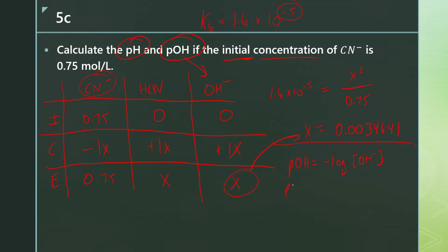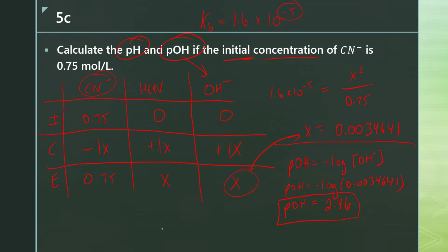So let's throw that in. pOH equals negative log of 0.0034641. This gives me a pOH to just 2 sig digs here of 2.46. And again, that is 2 sig digs because with pH and pOH, it's only the numbers after the decimal that count. So there's your pOH.